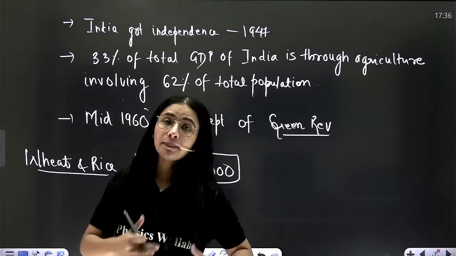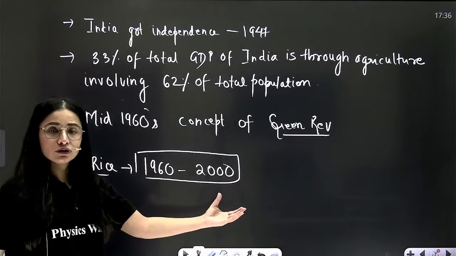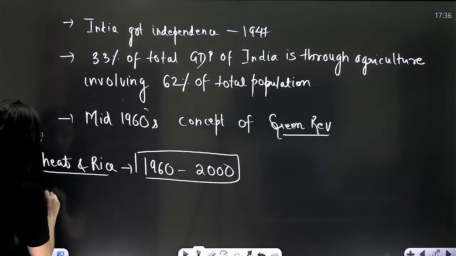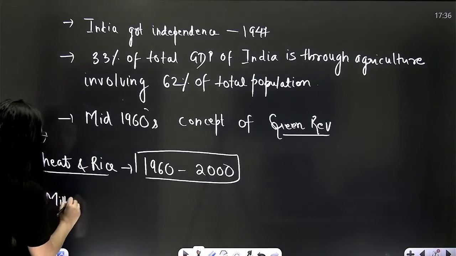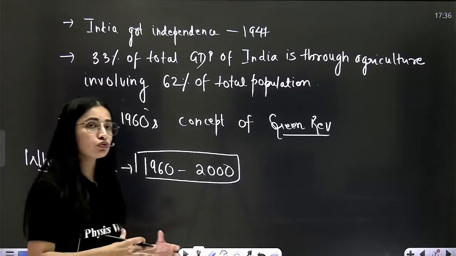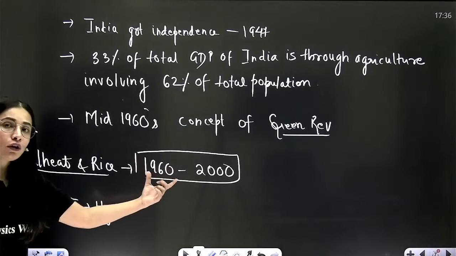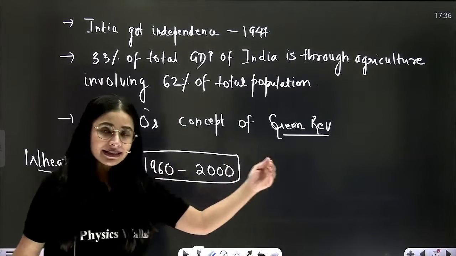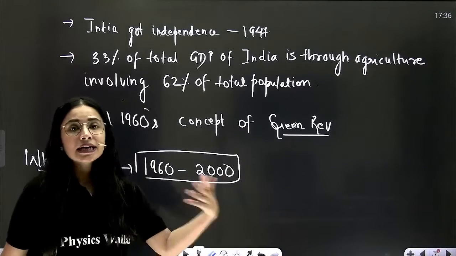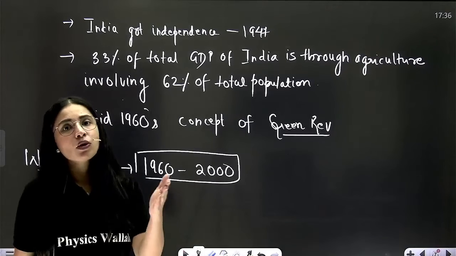Apart from developing hybrid varieties for wheat and rice, between the 1960s and 2000, some new hybrid varieties for millets were also developed, and these were basically resistant to water stress. High yielding varieties of wheat and rice were disease resistant as well as high yielding. But for millets, such hybrid varieties were produced which were resistant to water stress.